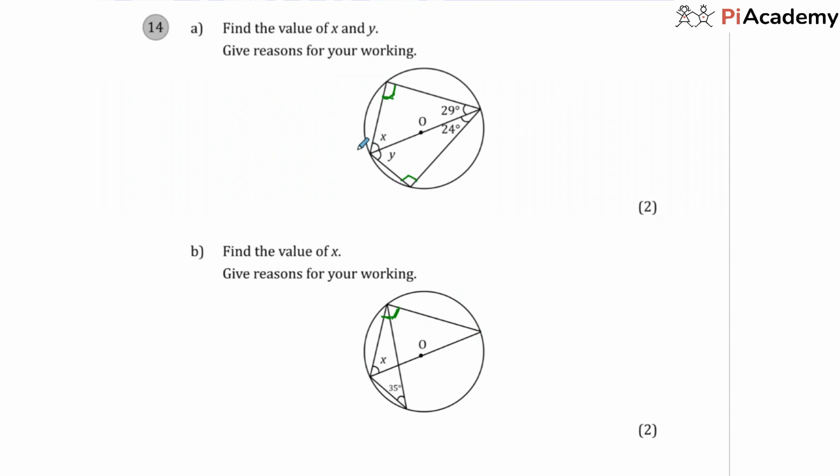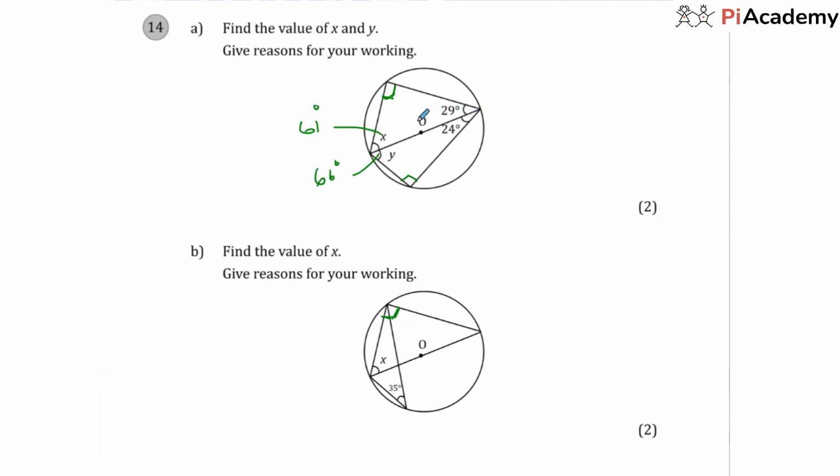So what is x and y here? 24 and 29. What is that? Umaira, what is x here? I got 61. Okay. And y? I got 66 degrees. Wonderful.